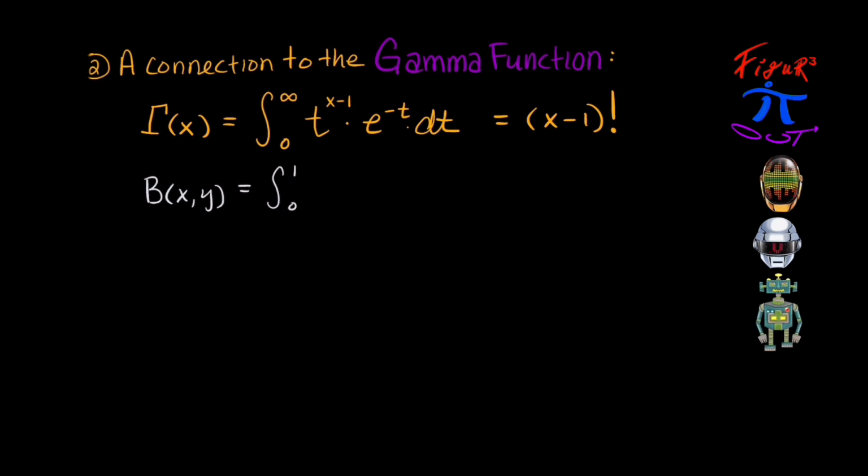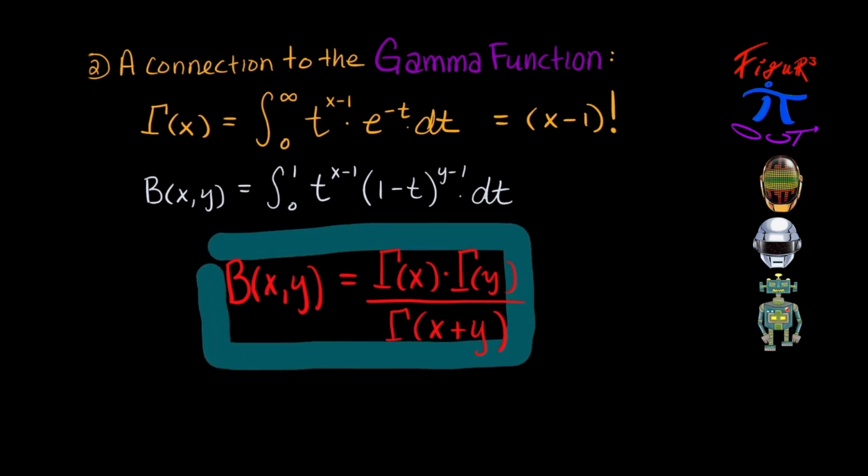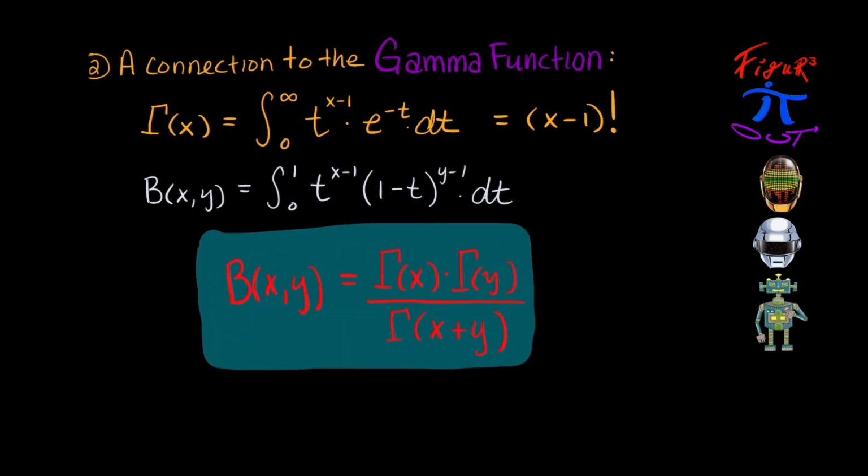So the beta function, in terms of x and y, which I'll remind you is this integral, you can see a similarity in some parts of the integrand there, but the surprising relationship is that beta of x, y is equal to gamma x times gamma y over gamma of x plus y. And this turns out to be a very useful relationship in calculating values of either the beta function or, in some cases, the gamma function.